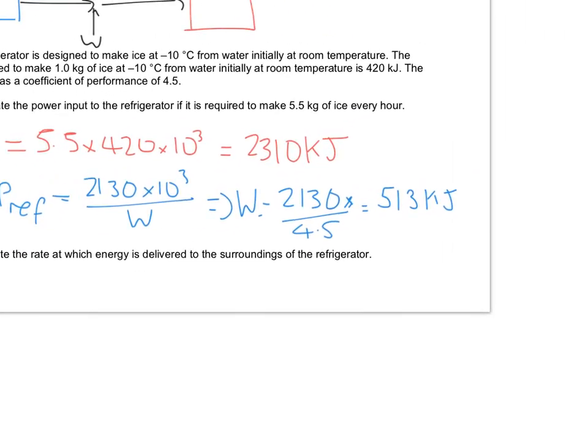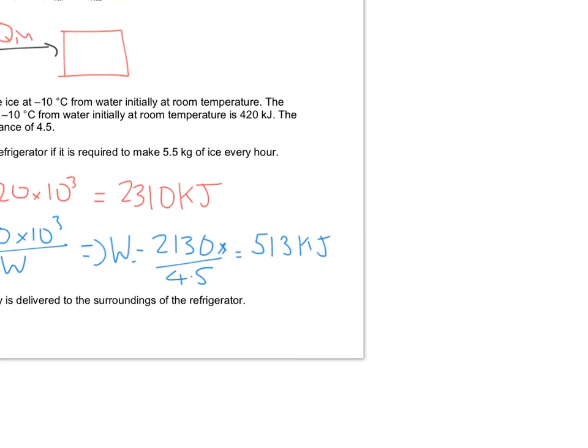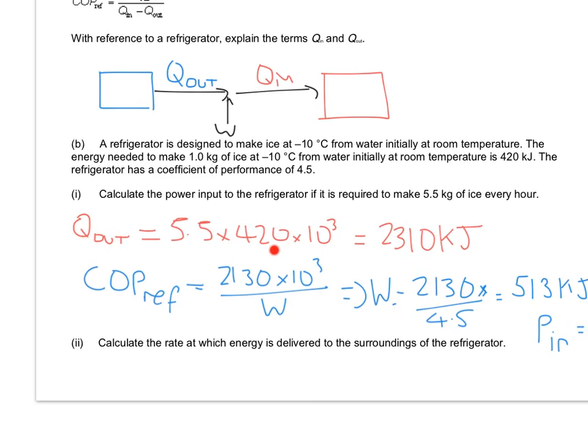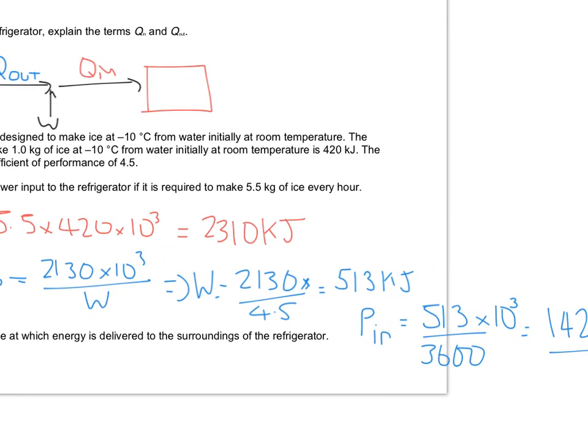So let's just scroll over here. We want to calculate the amount of power put in, so this is the amount of work we put in, so we need to divide it by the time. 513 divided by 3600, converting it into joules, and that comes out as 142 watts of power. So what we've done there is first of all calculate the amount of energy removed from the ice in order to cause that temperature change. We've used the coefficient of performance to work out how much work we'd have to put in to do that, and then once we've got that work, divide by the time to convert it into a power.